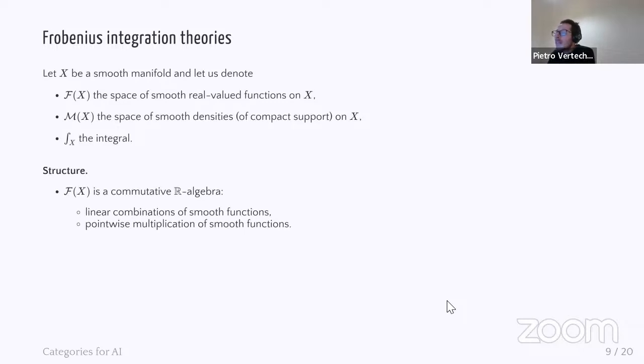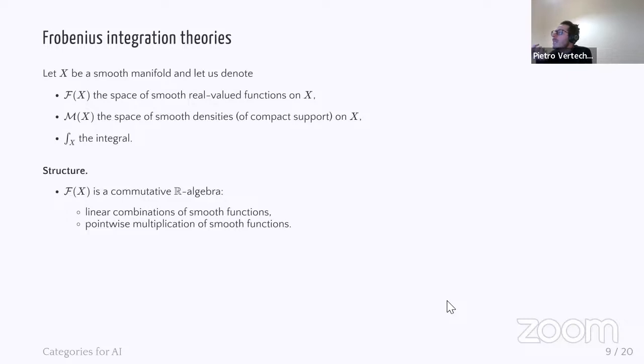And this data is actually equipped with a fair amount of structure. So first of all, F(X) is a commutative algebra. Now, for those who are not familiar with what an algebra is, it's simply a vector space, so I can have linear combinations of smooth functions, and this is again a smooth function.